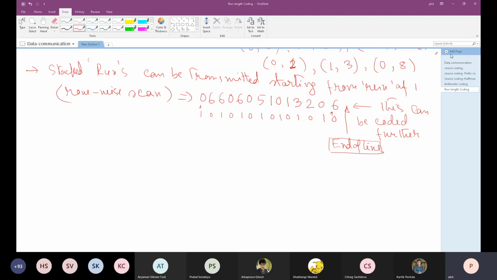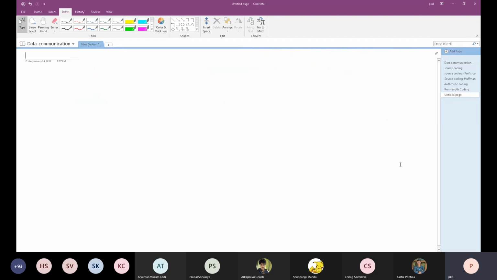The last one we will discuss today is LZW. The LZW coding scheme is named after three persons: Lempel, Ziv and Welch.